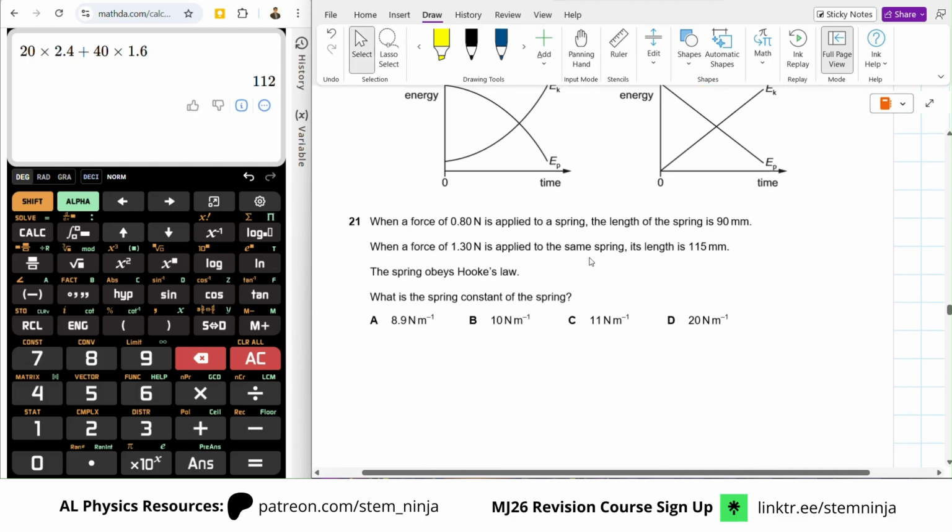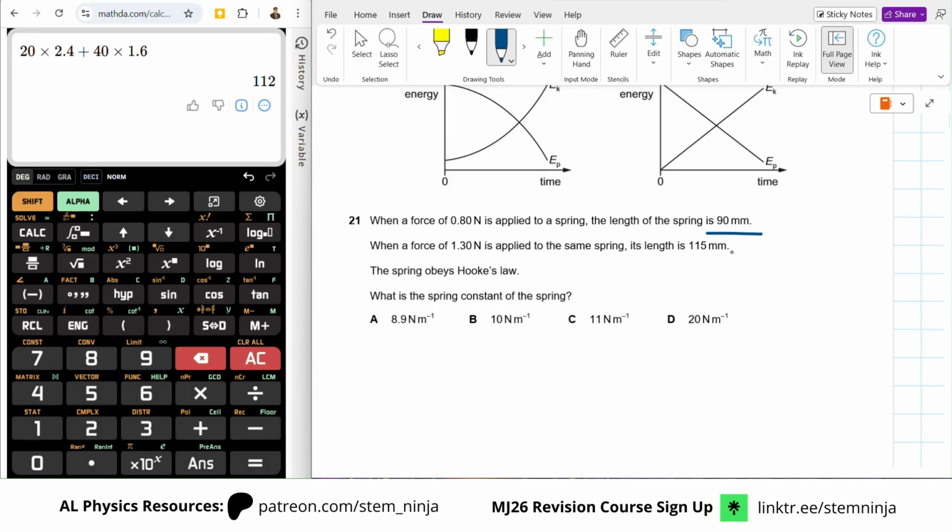B. When a force of 0.8 newtons is applied to a spring, the length of the spring is 90 millimeters. When a force of 1.3 newtons is applied to the same spring, the length is this. The spring obeys Hooke's law. What is the spring constant of this spring? All right, so remember, first off, we need to represent this in terms of extension.